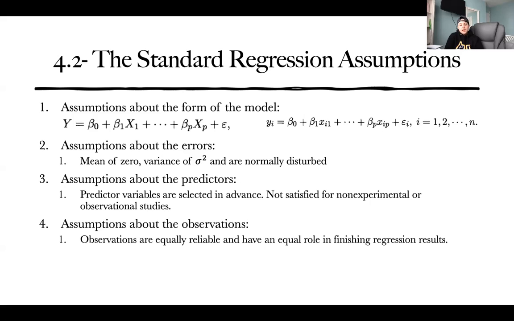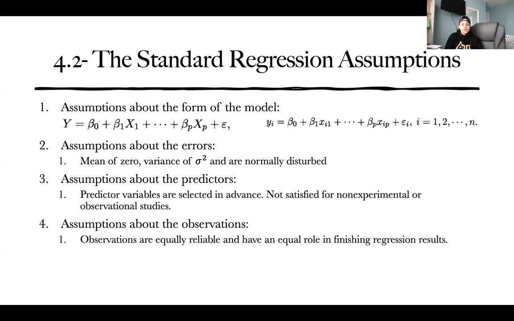This is only satisfied when the predictor variables are set at predetermined levels. This assumption is typically not satisfied for non-experimental or observational studies, so we would need an experimental study here to satisfy this assumption.